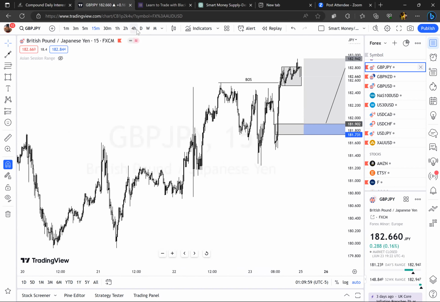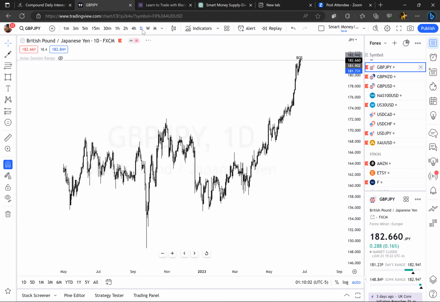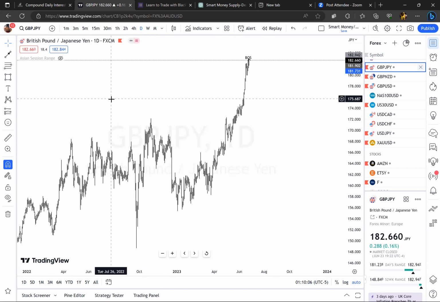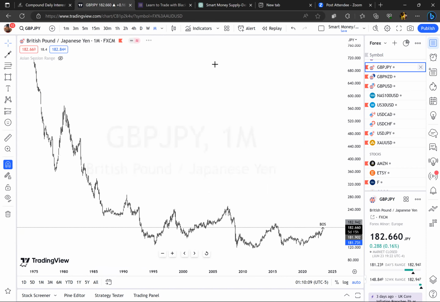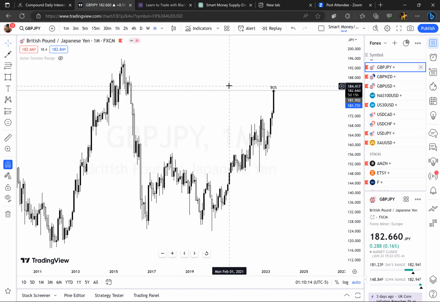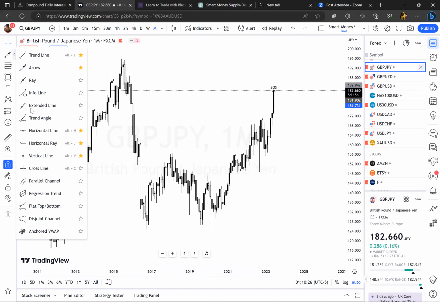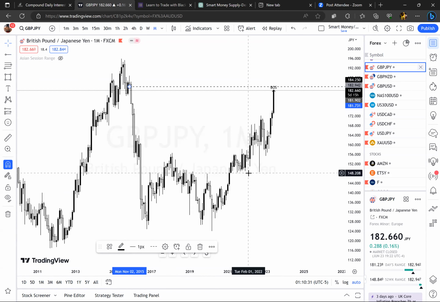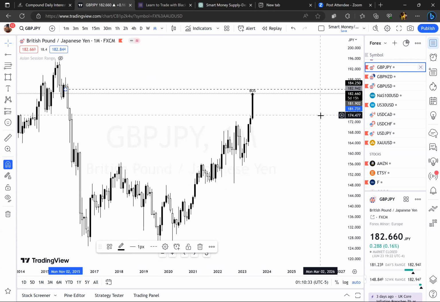Let me see if I go on a higher time frame. Yeah, I don't think it has been up there. Here we go. We're right here now. So if it's going to continue up, I would target this imbalance right here, because there's nothing really to stop it at 182.9.